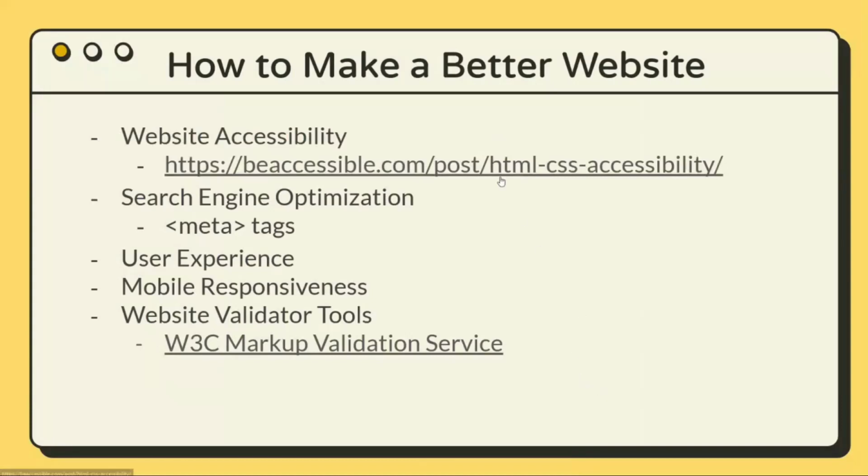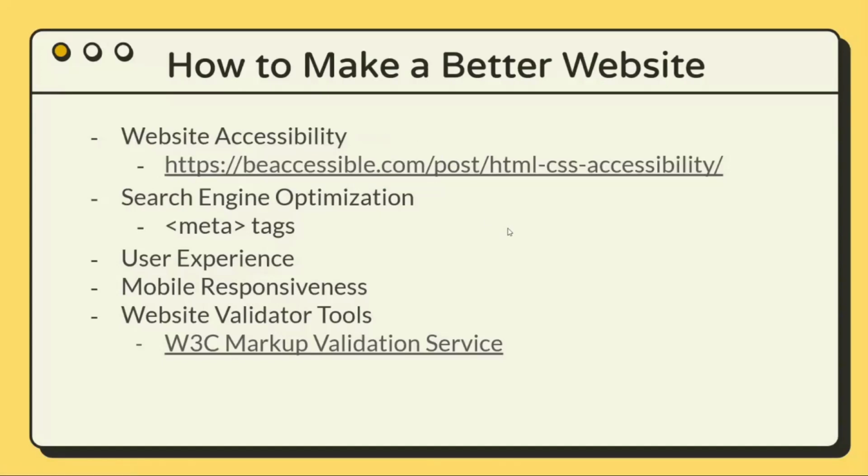So just to go down the list here, the first point to consider is website accessibility. This is really important for users who have to use modifications in order to access the web. So this might be a screen reader for someone who's blind, or maybe increased text size.